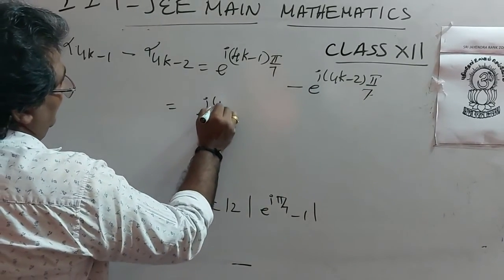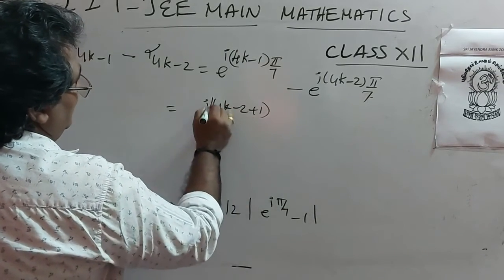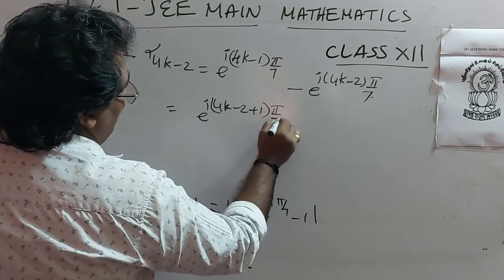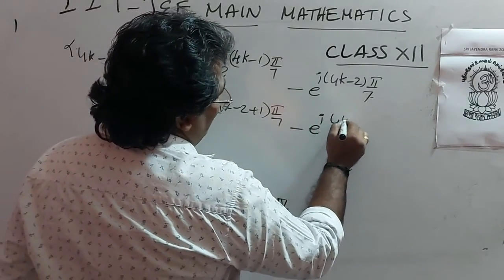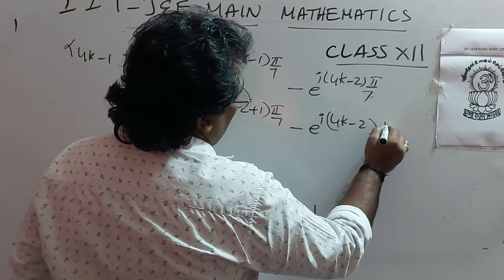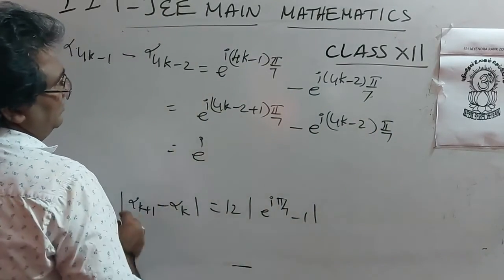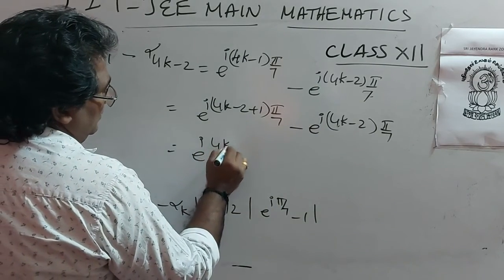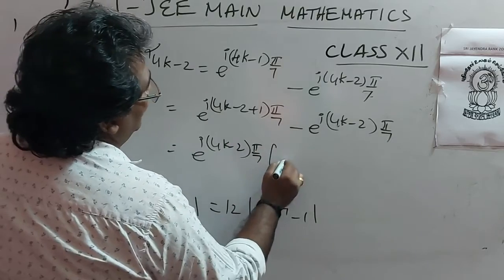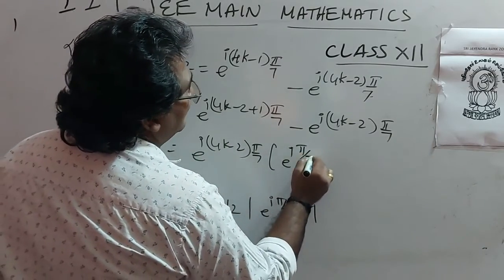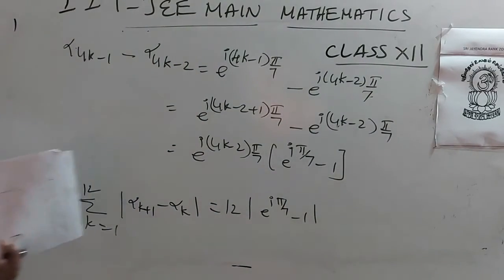Taking e power i (4k−2) pi by 7 common, you have e power i (4k−2) pi by 7 into (e power i pi by 7 − 1).